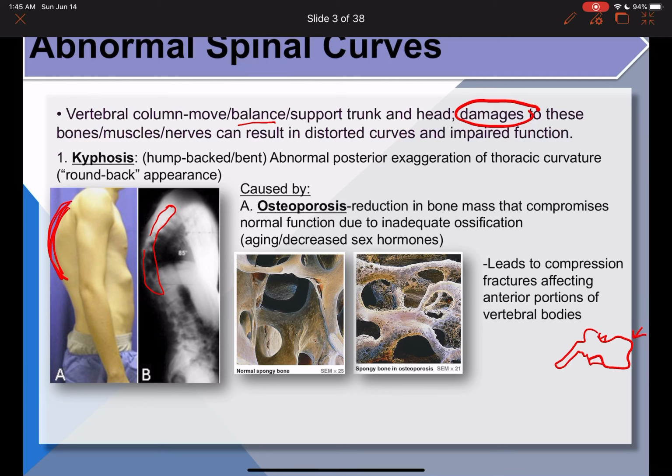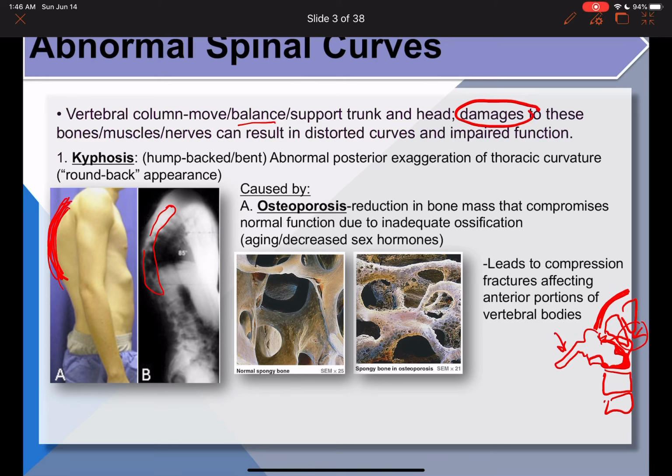This is the anterior end, this is the posterior end, and somehow just this area is squished. Now the vertebral body kind of looks like this, where the front part of the vertebrae becomes compressed, and if all of them are compressed, laying on top of each other like that, that's how you end up with that curve back you get here in the case of kyphosis.